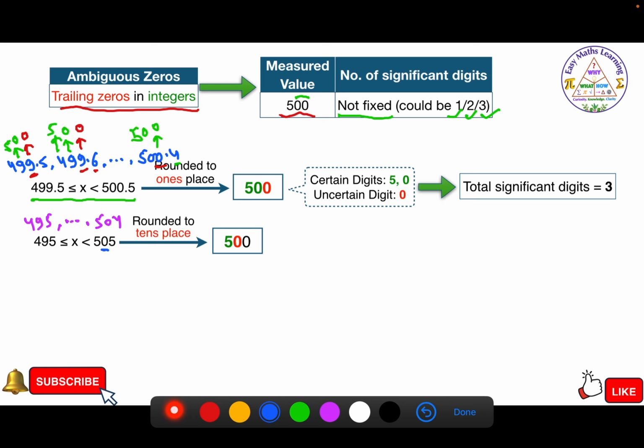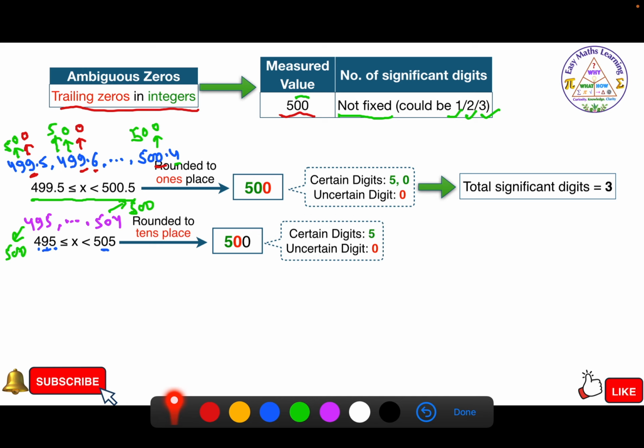Which one is the tens place? This is the tens place. After rounding to the tens place, this value becomes 0, this becomes 5, and this will be the placeholder, it becomes 0. So again we are getting 500. This is rounded to the tens place, we are getting 500. This is also 500. So the measured value is obtained after rounding to the tens place.